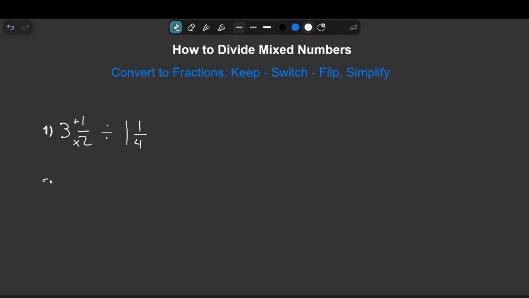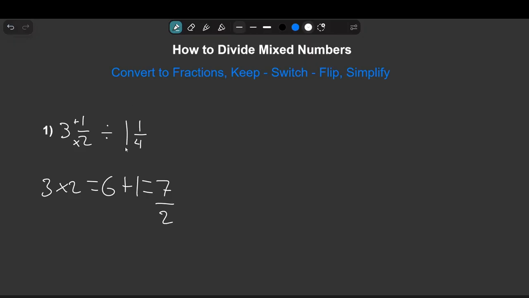So we do 3 times 2. This equals 6. Now we just add the 1. 6 plus 1 equals 7. We keep our denominator as it is, and it's a 2. So our first improper fraction will be 7/2.